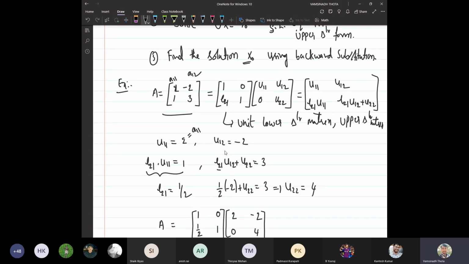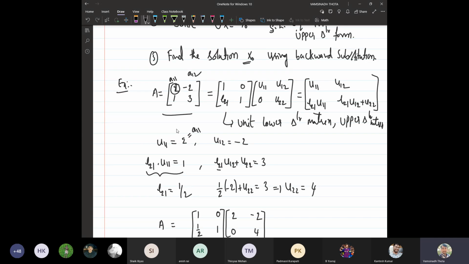So from this example, it is clear that whenever this term is 0, we cannot decompose the given matrix into LU, the product of lower and upper triangular matrices.